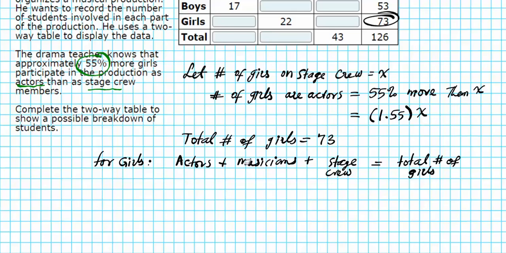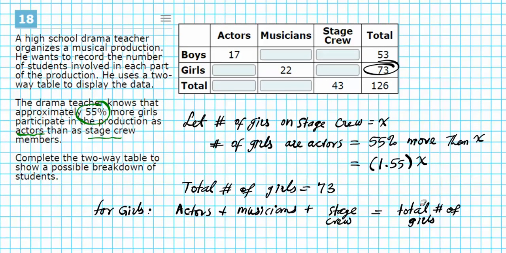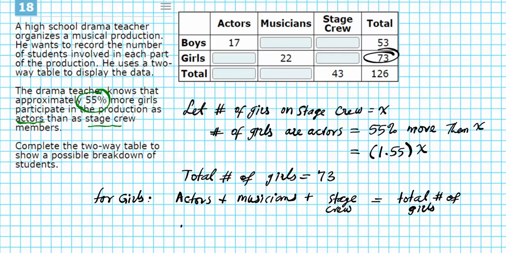Actors is 1.55x. Okay, we already figured that earlier. So 1.55x is 55% more than the number of girls on the stage crew, which is x. Plus how many girls are musicians? 22. Plus how many girls on the stage crew was defined as x. And it was the total number of girls, 73.